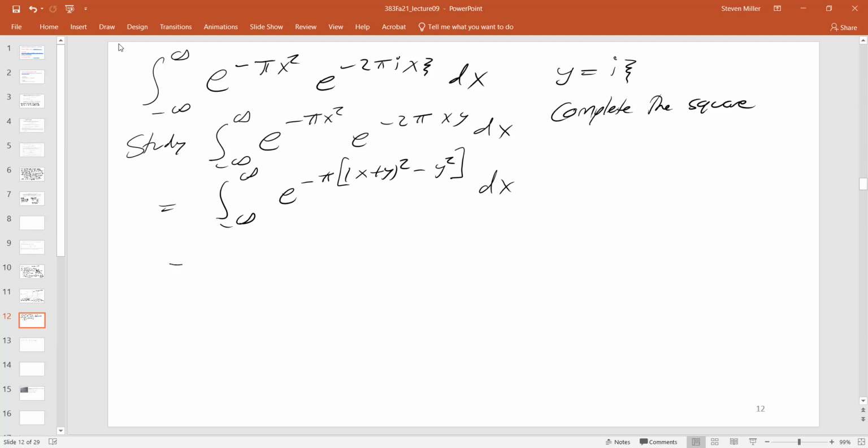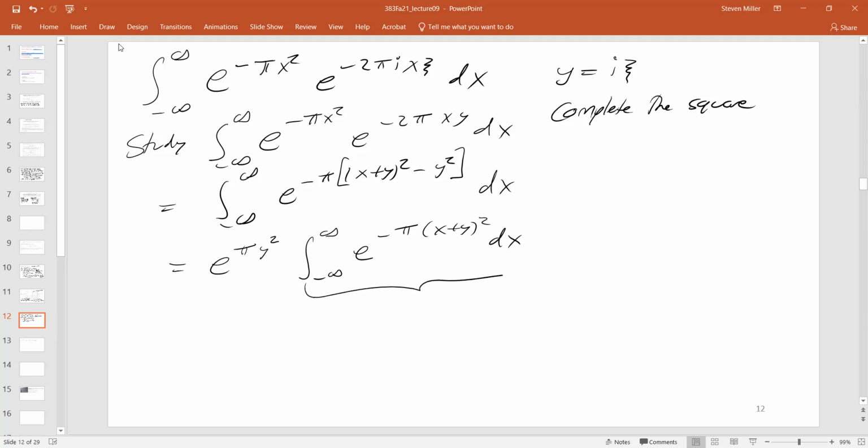And then that's going to just be, if I pull it out, e to the pi y squared, integral from minus infinity to infinity, e to the negative pi x plus y squared dx. What change of variable should I do to evaluate this integral? Yes.